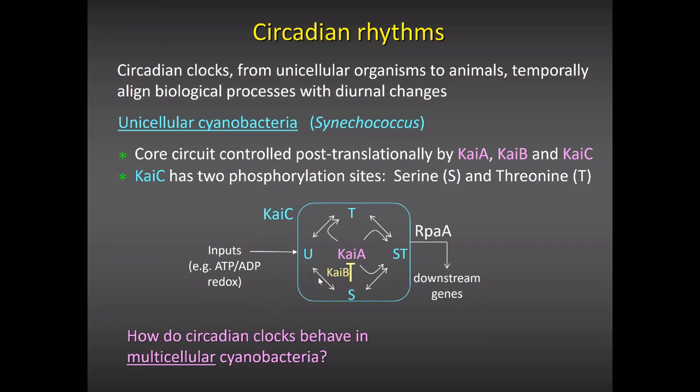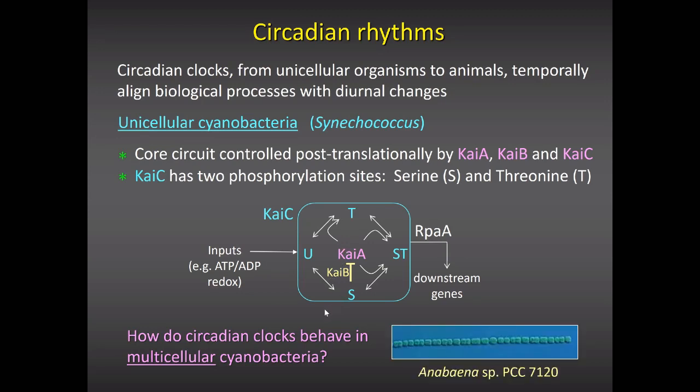So we wanted to study how circadian clocks behave in multicellular cyanobacteria. In order to address this question, we chose to study Anabaena. This is a wonderful one-dimensional filamentous cyanobacterium. As you can see in this picture, the filament consists of many cells, can be hundreds of cells. There is cell-to-cell communication between the cells, and that suggests clock coupling and even synchronization.